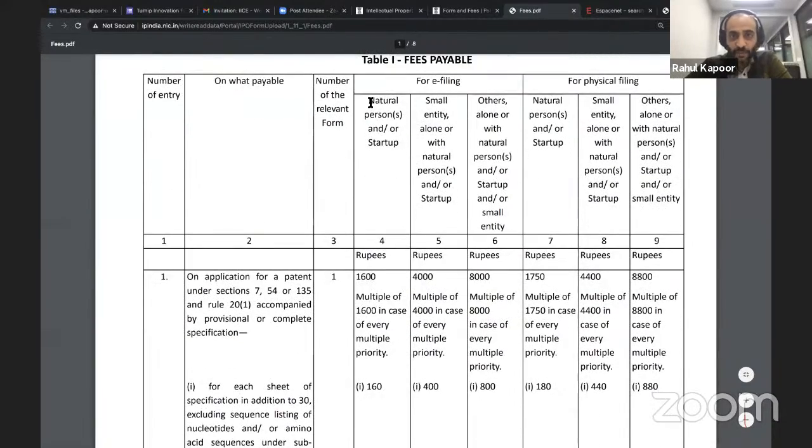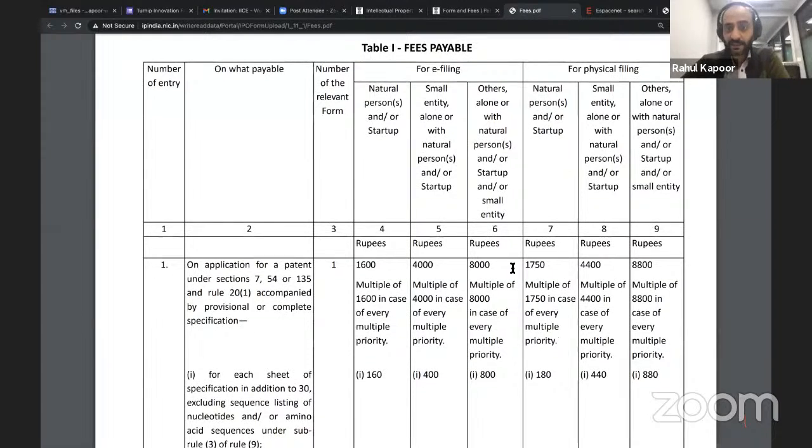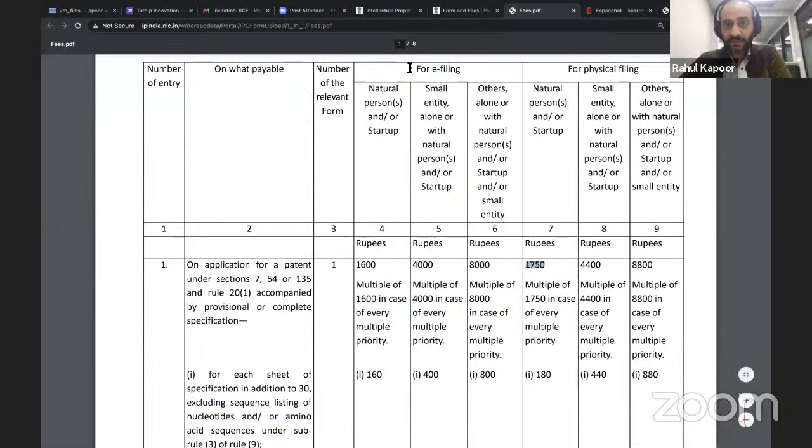You can see for a small person, like an individual person or a startup, the filing fee is 1,600 rupees. So it's for e-filing. I think for physical filing, it's 1,750 rupees. We are interested only in e-filing. And actually they have removed this 4,000. Just last month, a circular came. So even small companies and startups are coming in this 1,600 rupees range.